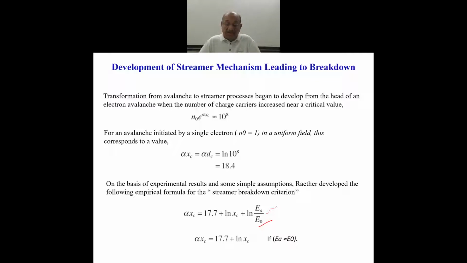And if EA is equal to E naught, this equation results in alpha xc is equal to 17.7 plus ln xc. What is this condition? EA is equal to E naught. That means the field developed by the avalanche, EA, is of the order of the applied field intensity in the uniform field.